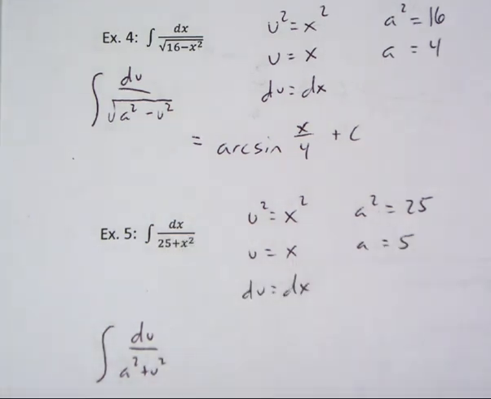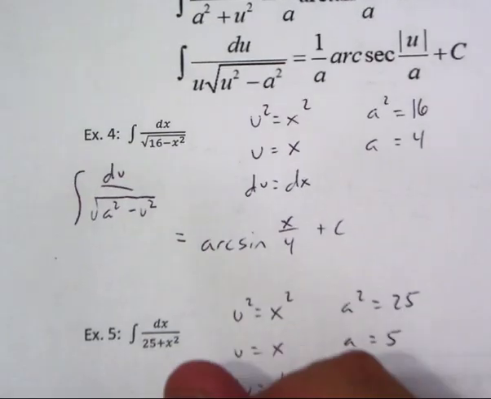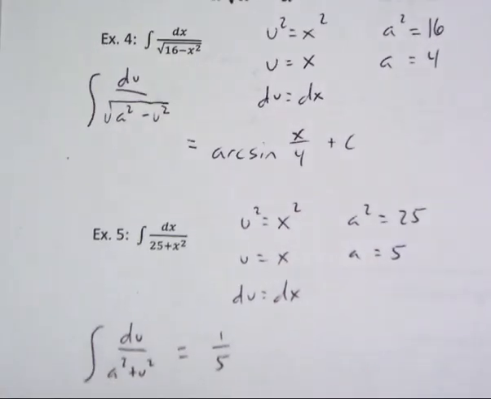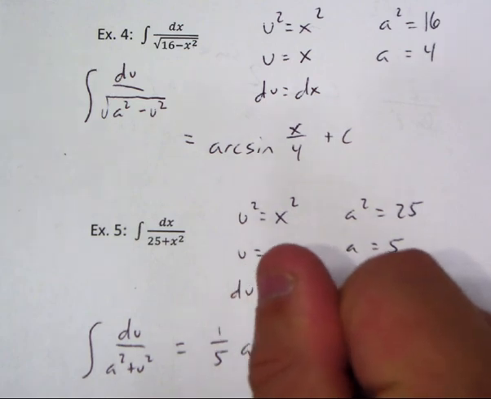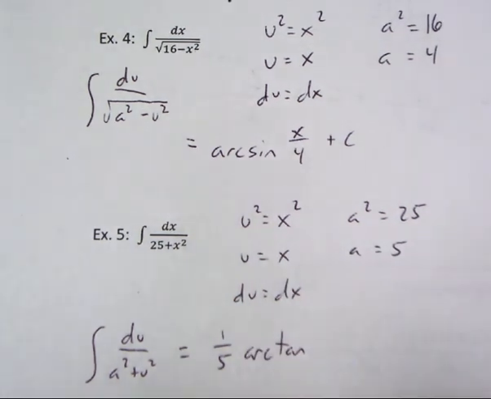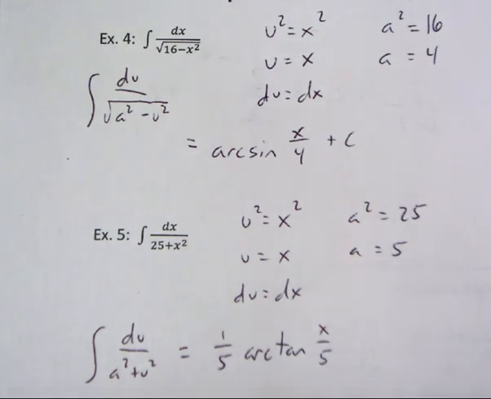Well, like I said, sometimes u squared isn't just going to be x squared. So we need to be careful there. So our form is going to be 1 over a, so 1 over 5 out in front. And then it's arctan of u over a, so x over 5, plus c.